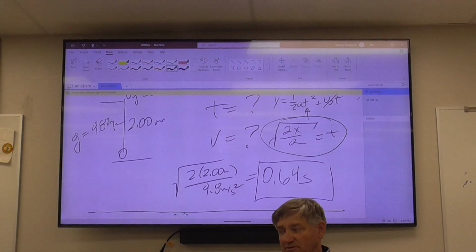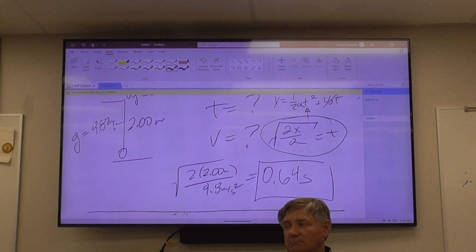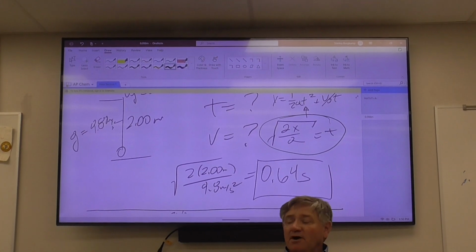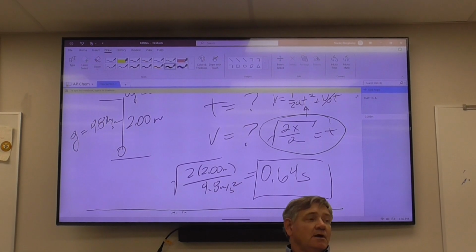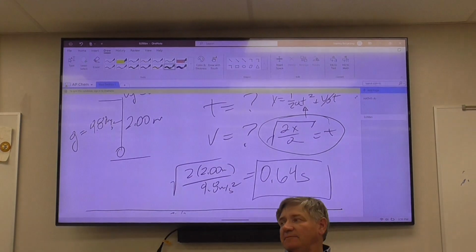Gravity. The acceleration due to gravity and what? Distance. That's it. It's how far it fell and the gravitational field.